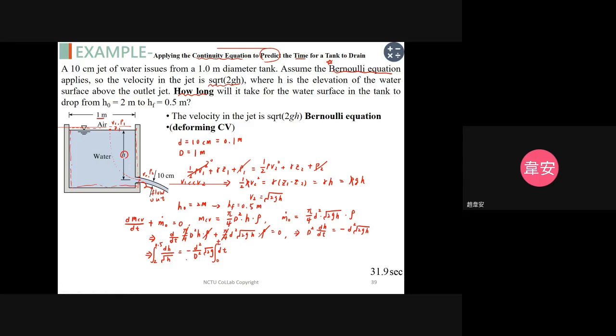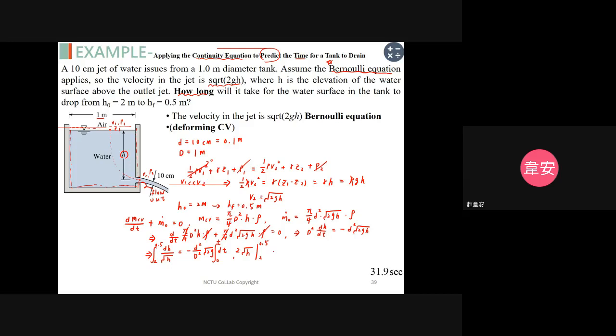So we do the integration. The left-hand side is 2 times root h, and the integral interval is from 2 to 0.5.